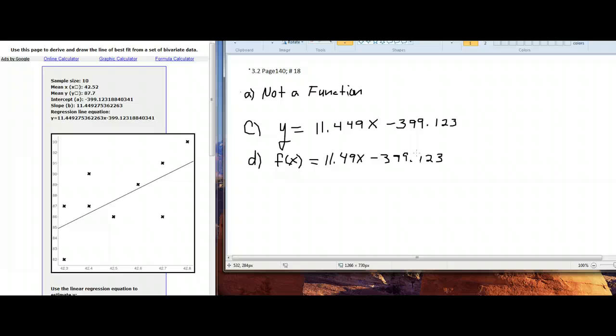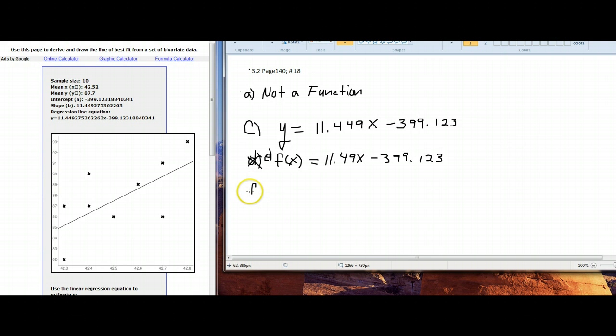All right, next we are going to use the linear model, and this is actually part F. This was part E. So let me change this to E. Part D was the line, part C is our equation, and part B is the scatter plot.